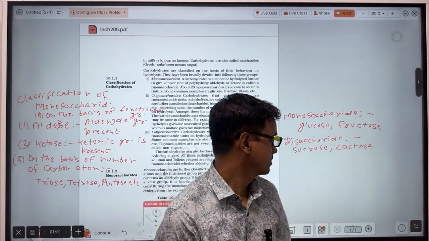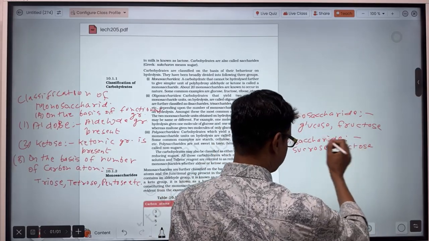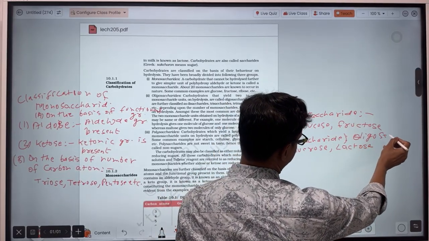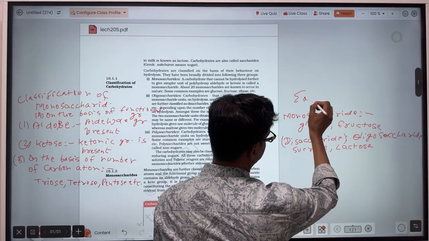Sucrose and lactose are disaccharides, and a disaccharide is a type of oligosaccharide. That is the example.